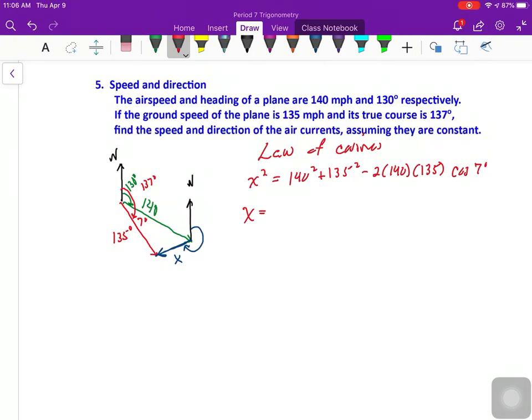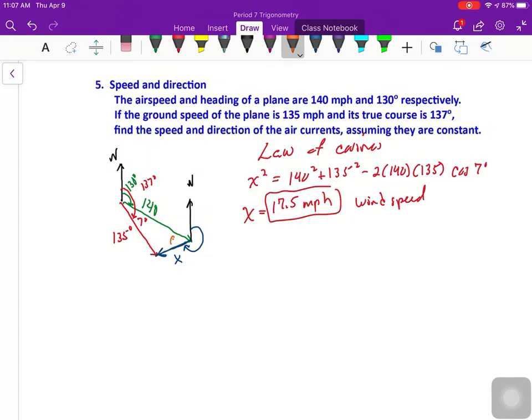So our wind speed is 17.5 miles per hour. That's the wind speed.